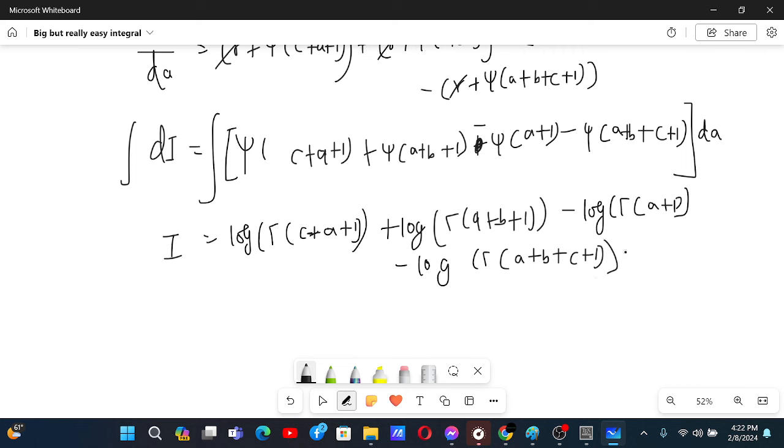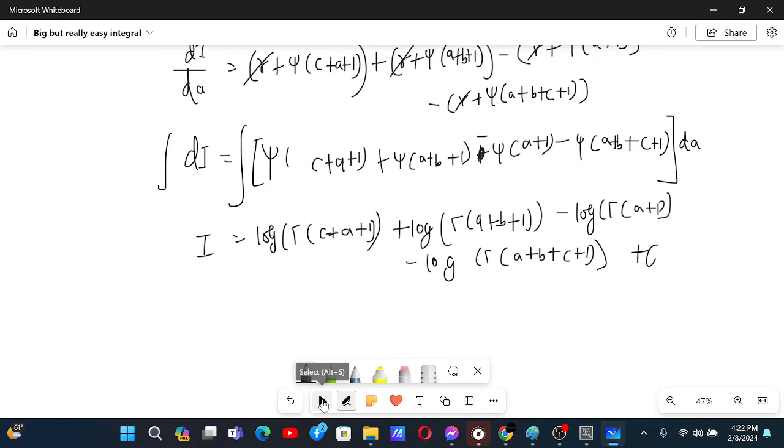And also don't forget the plus c, because plus c is what makes the difference in this problem and in many more as well. Now after this, let us try to write them in a single log using the property of logarithms.